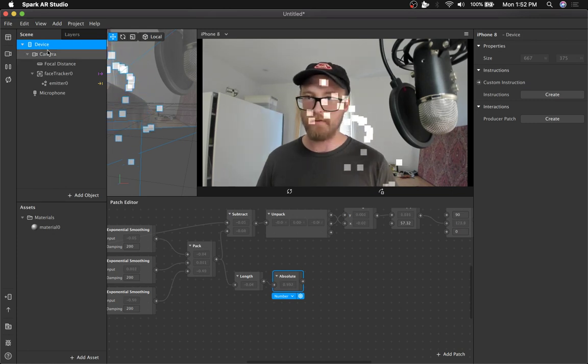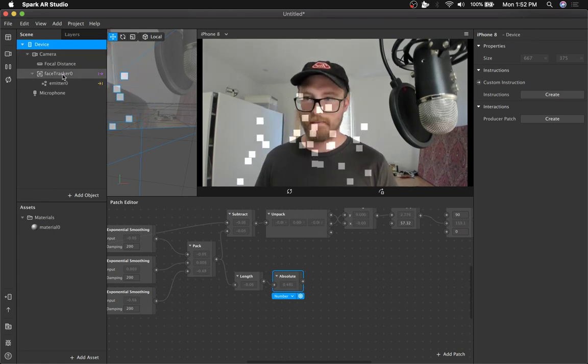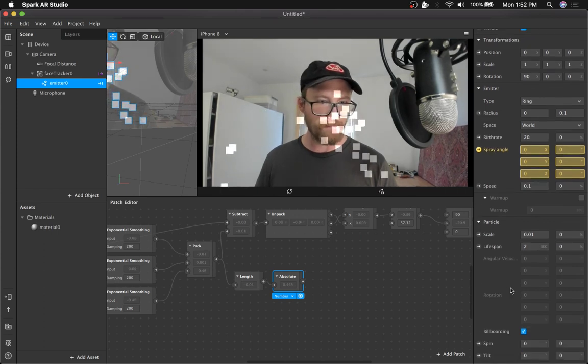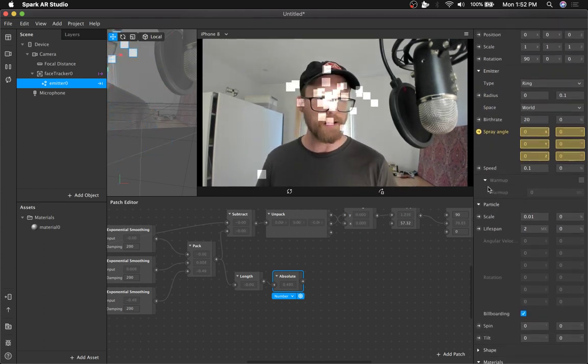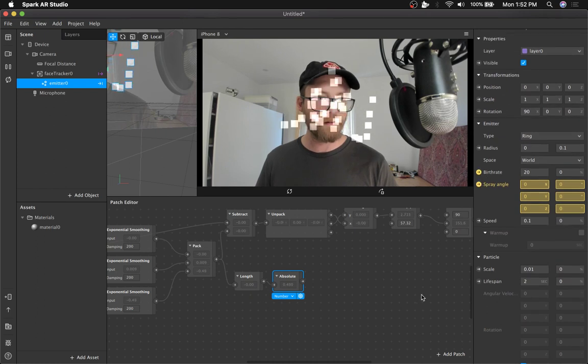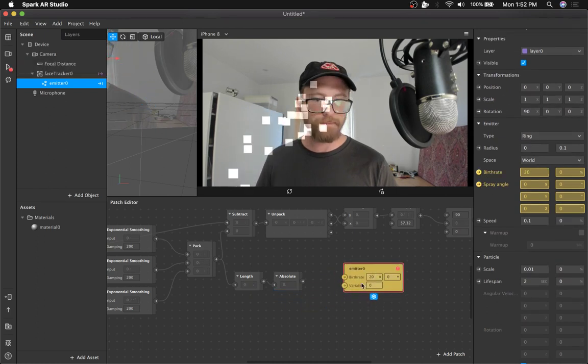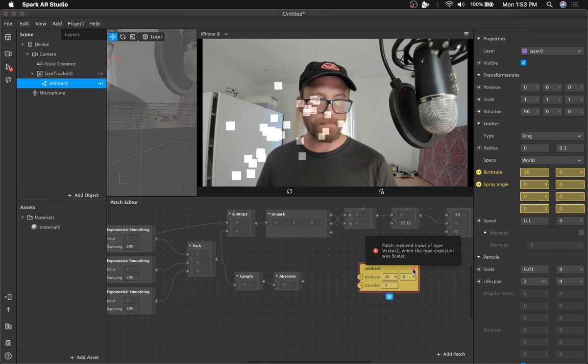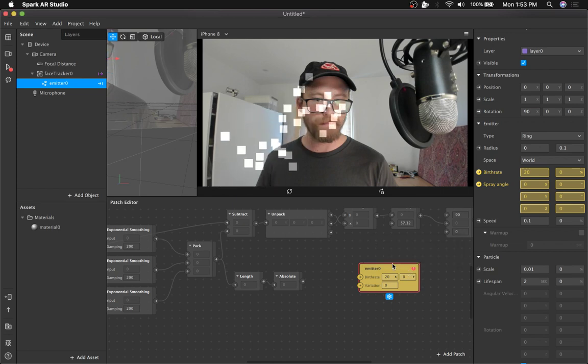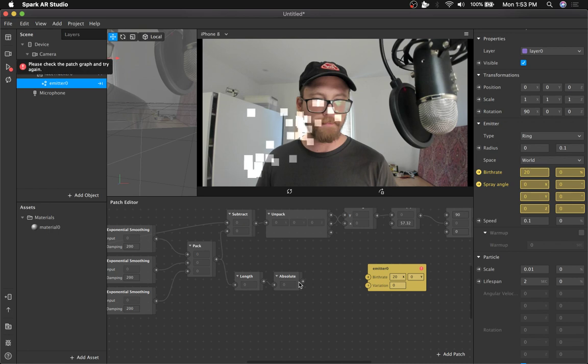I don't even know what that would do. And then, where's birth rate? Lifespan, birth rate. Why is it expecting vector 2? Oh, that's weird. I think that's a bug. Maybe, hopefully this will work.